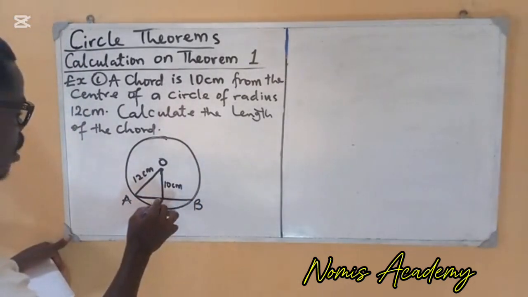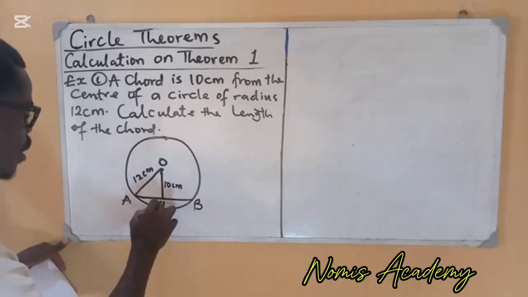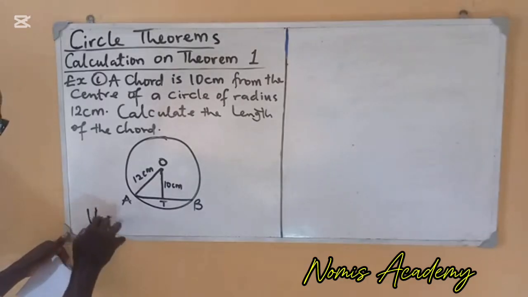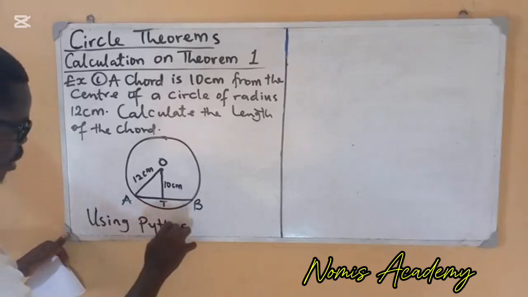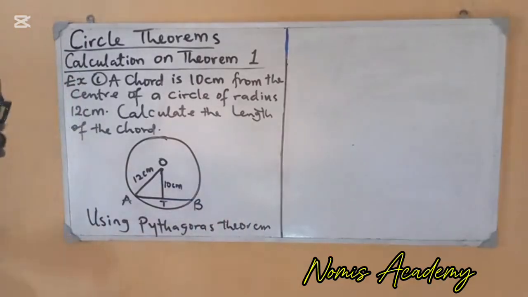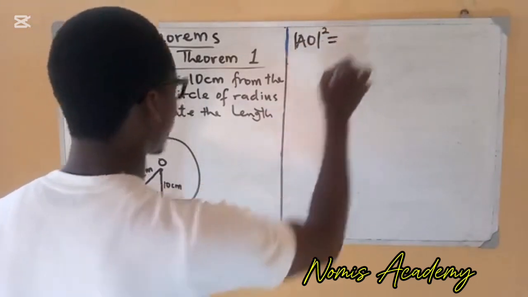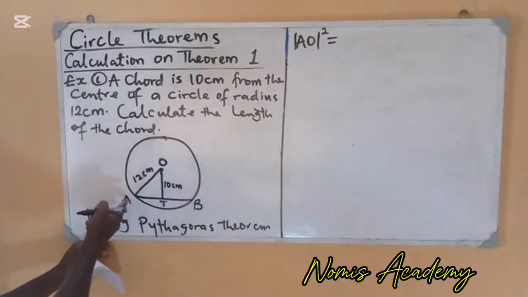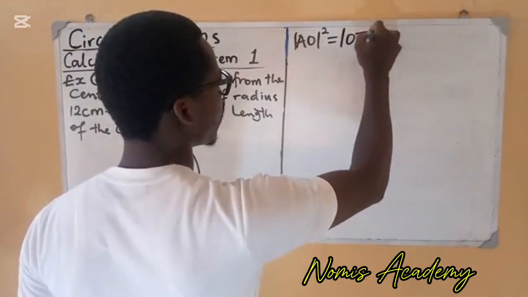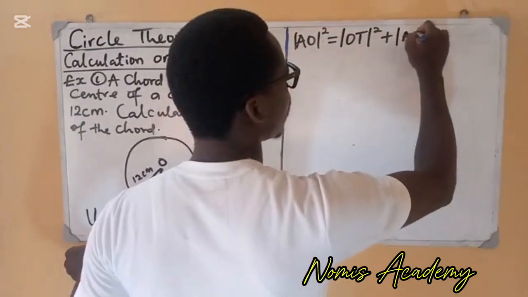So now let's call the midpoint where the line meets the chord point T. So using Pythagoras theorem, it says that AO square, that is the hypotenuse AO, is equal to OT square plus AT square.